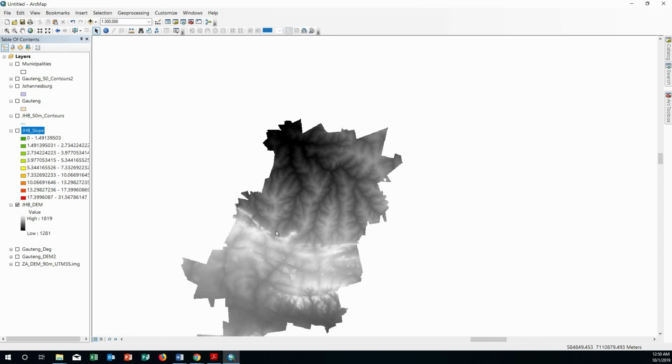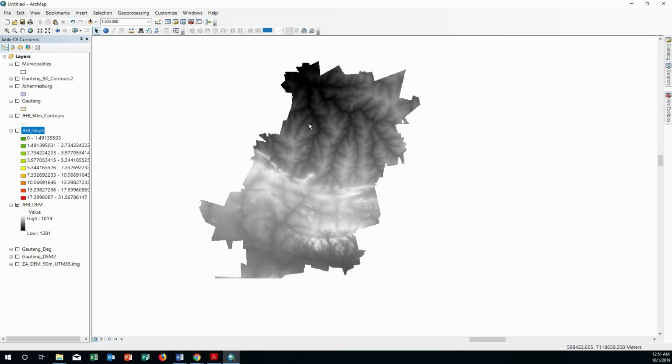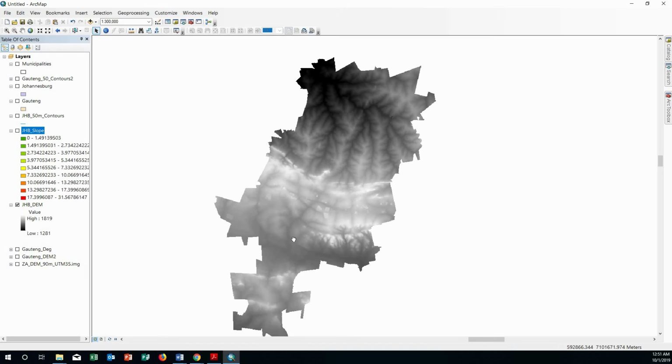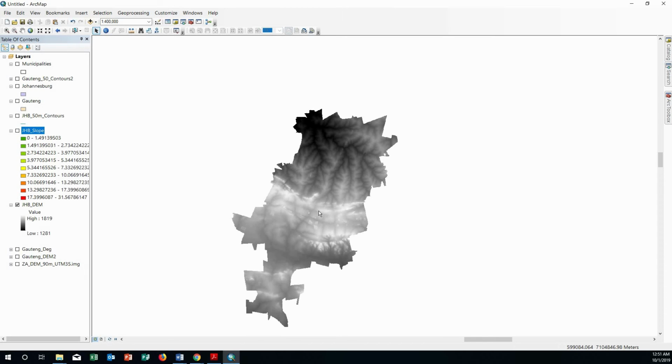Where flooding is most likely to happen is particularly around these areas here, where you have these banking points with a low DEM compared to its banks, where you have a high DEM. So it acts almost like a river basin, almost like a bowl in which water gathers, because it's the lowest point in the city of Johannesburg. Obviously, this is not always the case. You have miniature pockets that hold water, which are flooding.